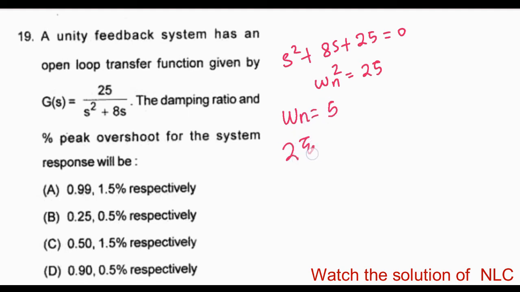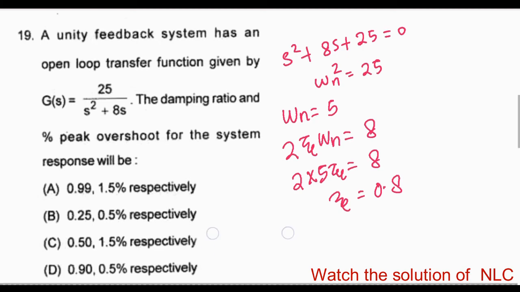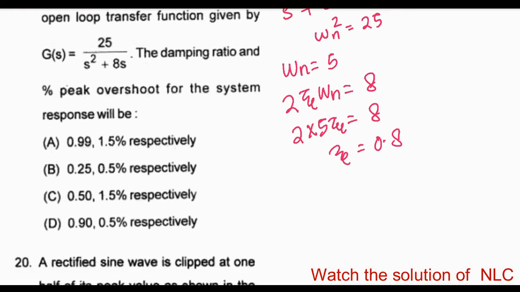So 2 zeta omega n will be 8, and here 2 into 5 into zeta is equal to 8, and zeta will be 0.8. So now what is given? That damping ratio and peak overshoot. So here 0.8 is the damping ratio, here nothing is given.